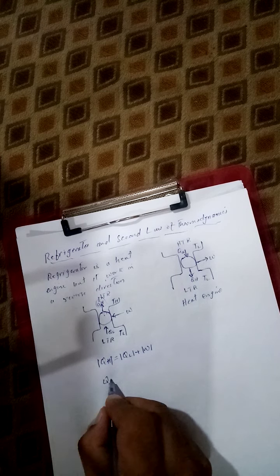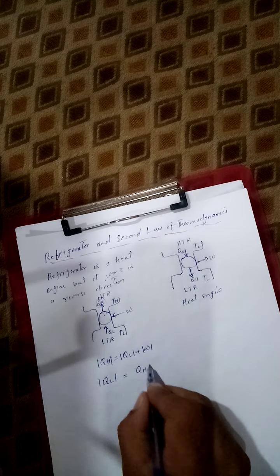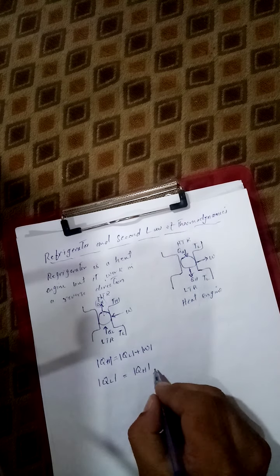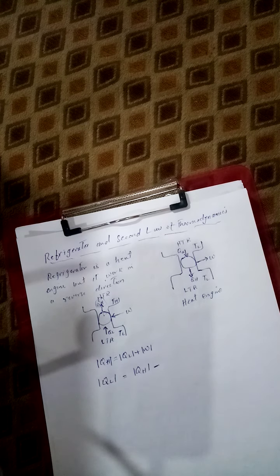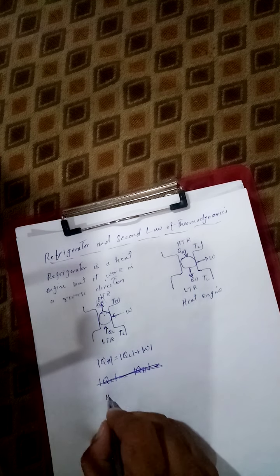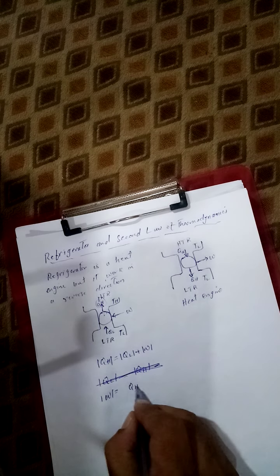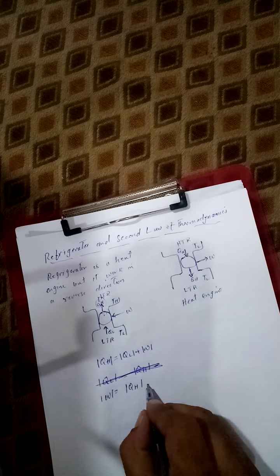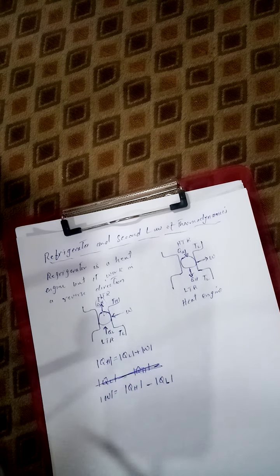From this we get that QL, the heat given by the low temperature reservoir, is equal to QH, the heat gained by the high temperature reservoir, minus the work done. Or the work done is equal to QH, the heat gained by the high temperature reservoir, minus QL, the heat given by the low temperature reservoir.